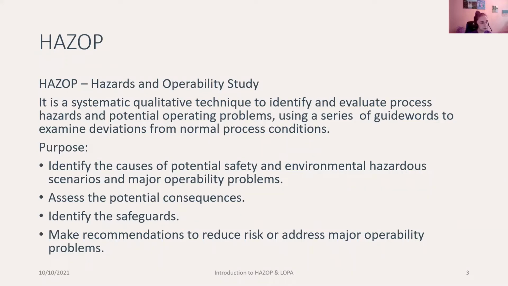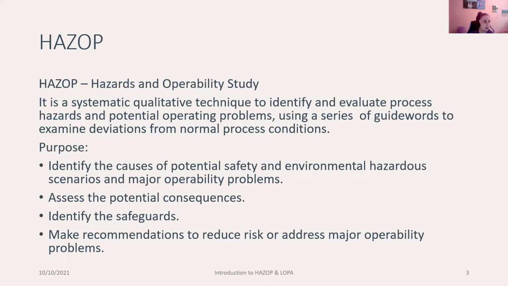So why are we doing it? First of all, we're doing that to identify any possible causes of potential safety or environmental hazardous scenarios and major operability problems. Identify the potential consequences, how this will affect the process, what will happen afterwards.